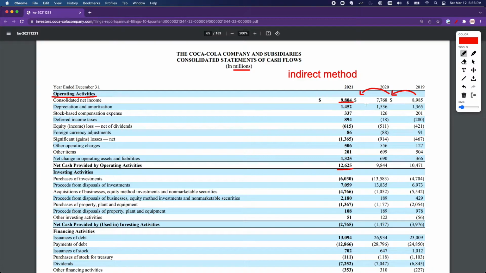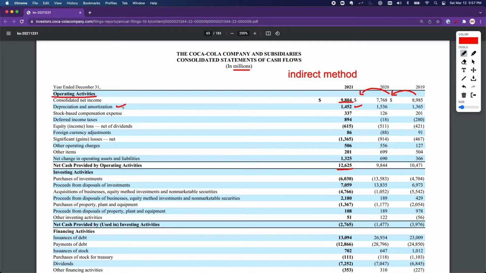So again, we start with the net income, and then the first thing that you will see here is that we're adding depreciation and amortization. Okay, now depreciation and amortization is a non-cash element, and a lot of these are non-cash elements that we're going to add or subtract from the net income. Since assets that Coca-Cola has will depreciate over time, in the income statement you will see that depreciation and amortization is shown as a negative, right?